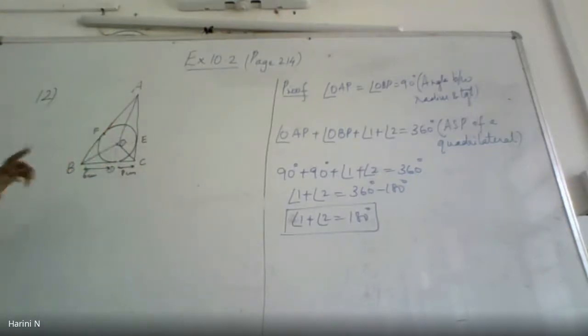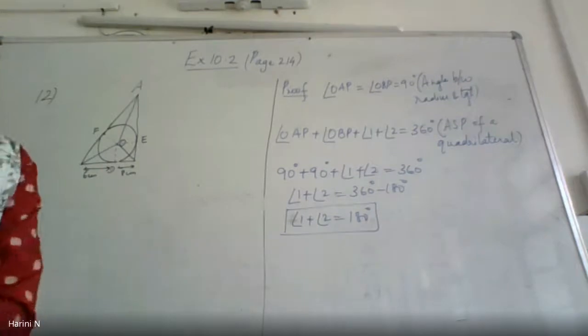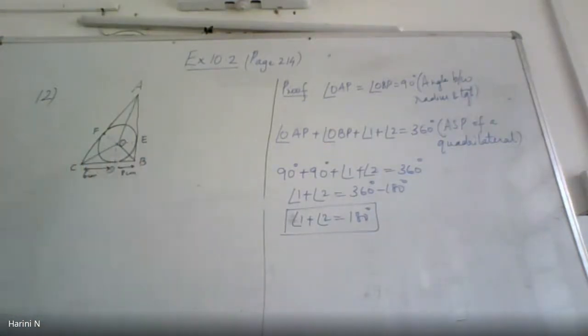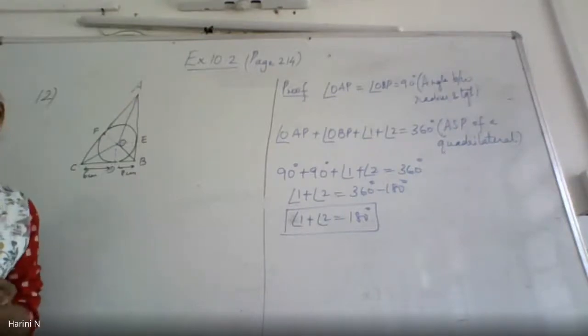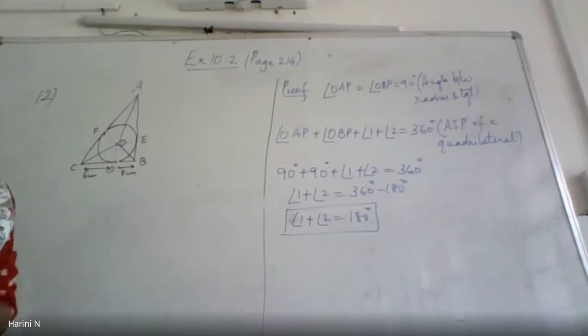Sorry, in the figure given, it is B on the right side. So I have divided the entire triangle ABC as three smaller triangles: OCB, OBA, and AOC. That is the idea of drawing those three segments.